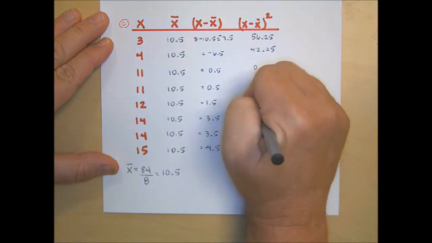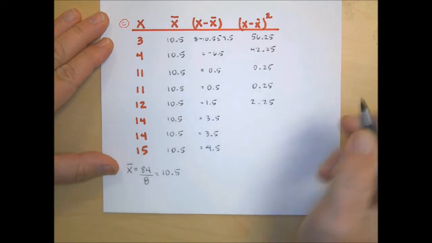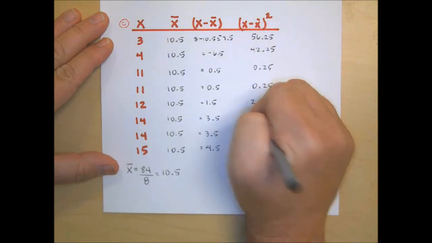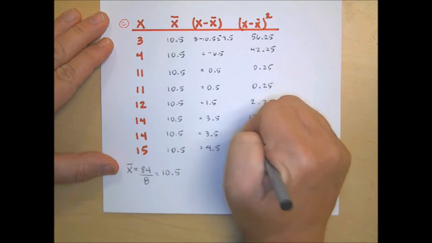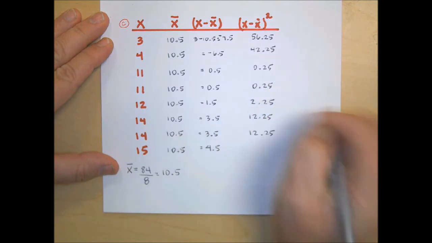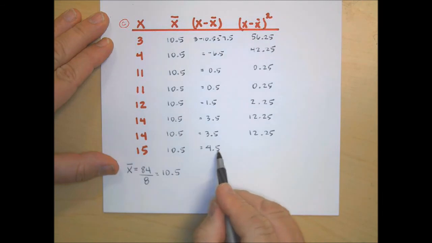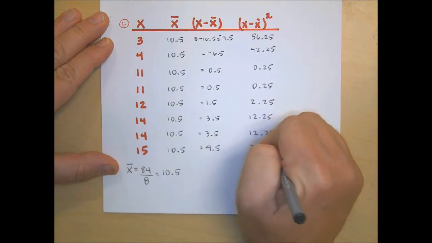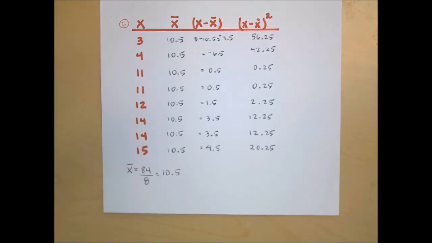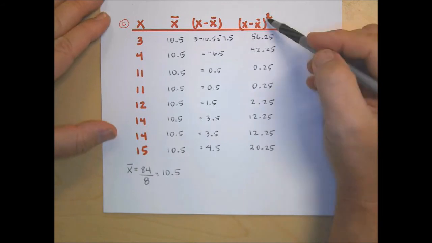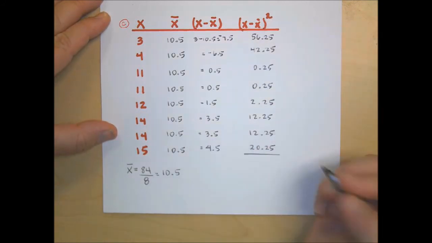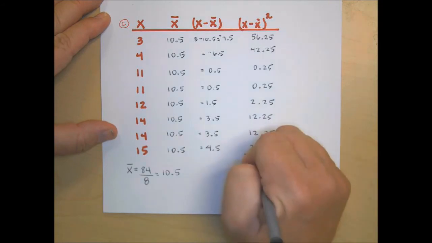I've got a 2.25 right here. Okay, 3.5 squared is 12.25. Another 12.25. And then the last one down here, 4.5 squared, is 20.25. Now the process at this point is add up all the numbers in this last column, and they add up to 146.